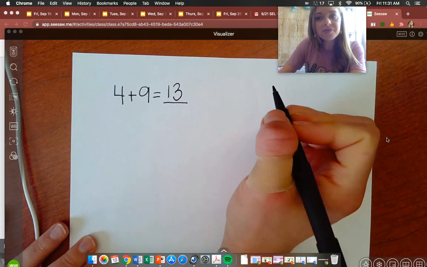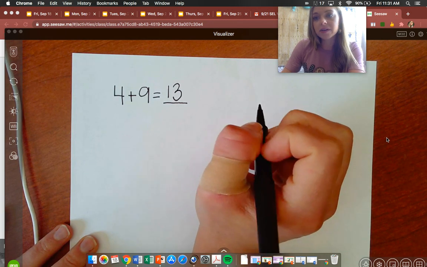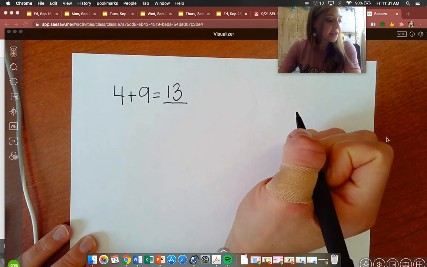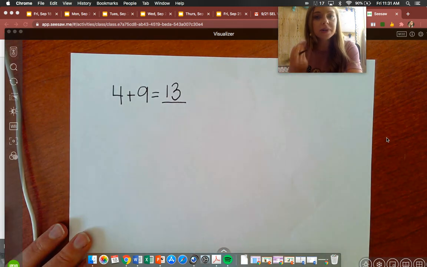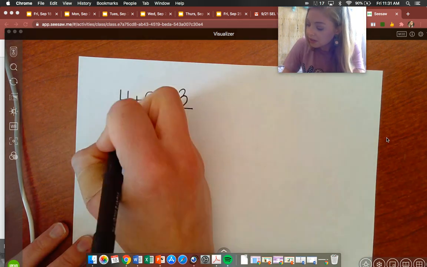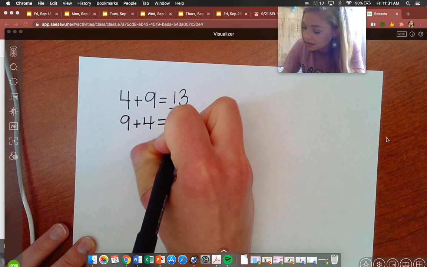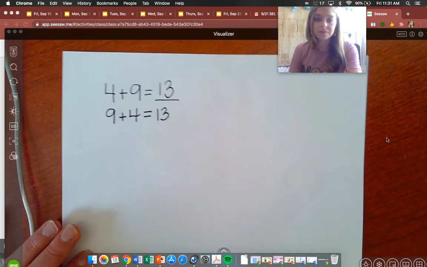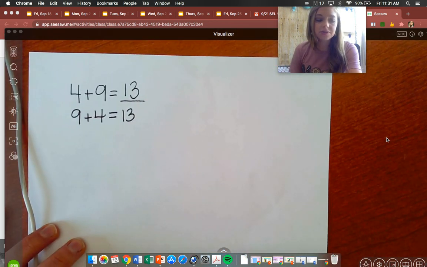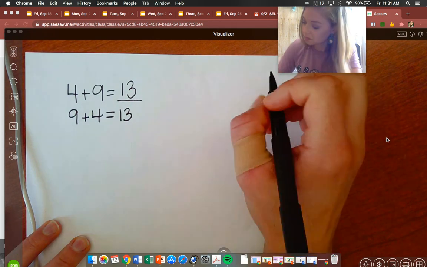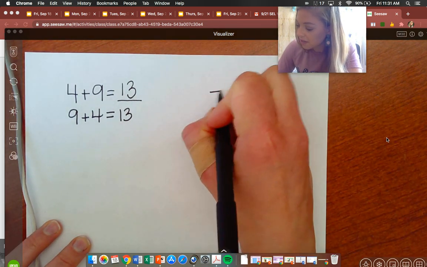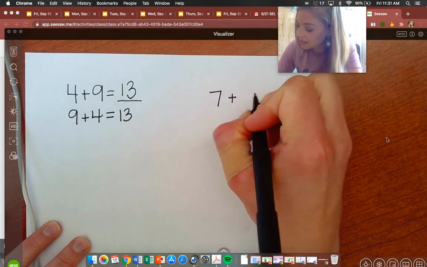Now, remember in the very first math lesson how we talked about the commutative property of addition? That is when we switch the numbers. So that would be like 9 plus 4 also equals 13. Let's do another one. Let's do 7 plus 5.